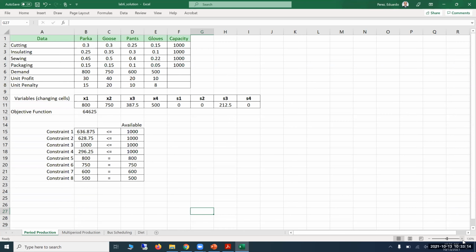You have a question? Yes. Select the cell for the decision variable.